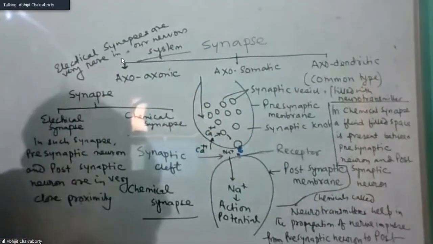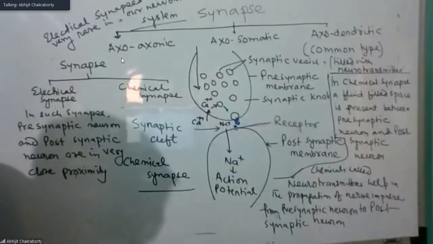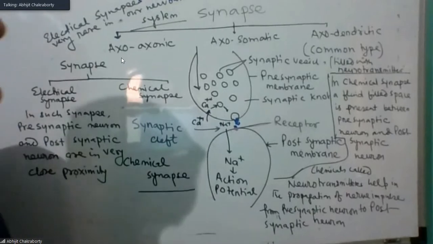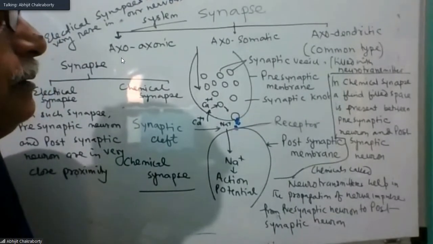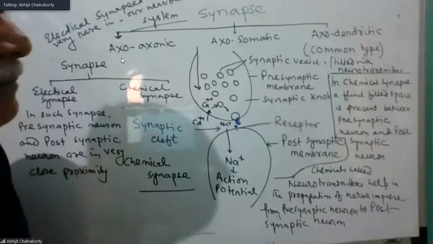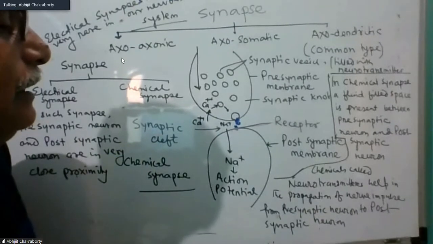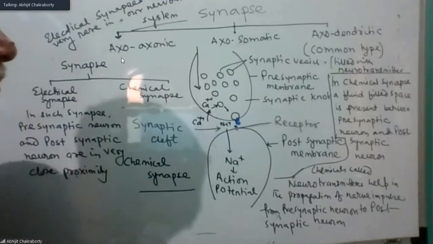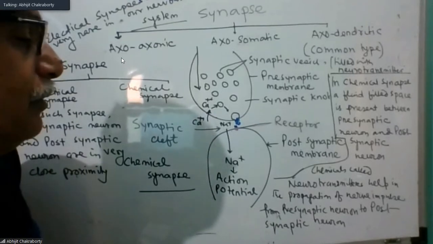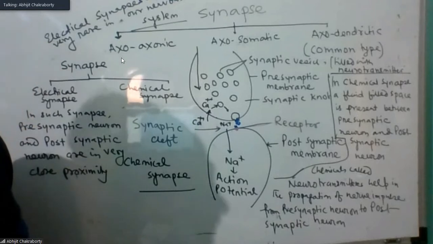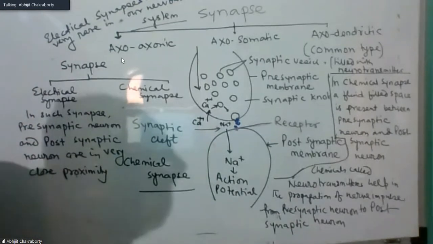Is it clear? As you know, this space is called the synaptic cleft. Chemicals like neurotransmitters help in the propagation of nerve impulse from the presynaptic neuron to the postsynaptic neuron. Clear? Yes, sir.